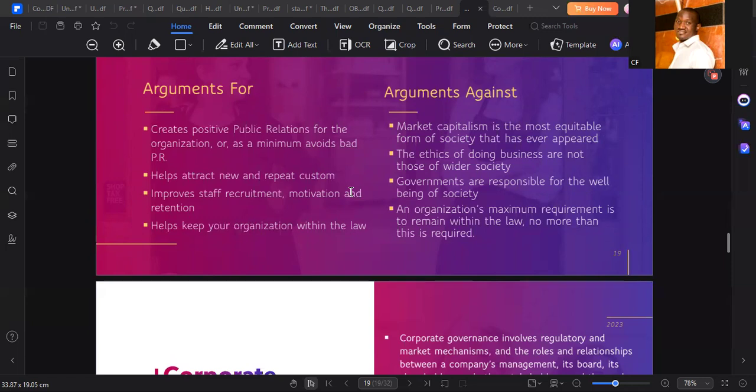No matter how much you do for society, they may never see it. Sometimes governments should be responsible for the well-being of society and not bring it upon organizations to start repairing roads on their behalf. And also, an organization's minimum requirement should remain within the law, not more than what is required. So these are some of the arguments.